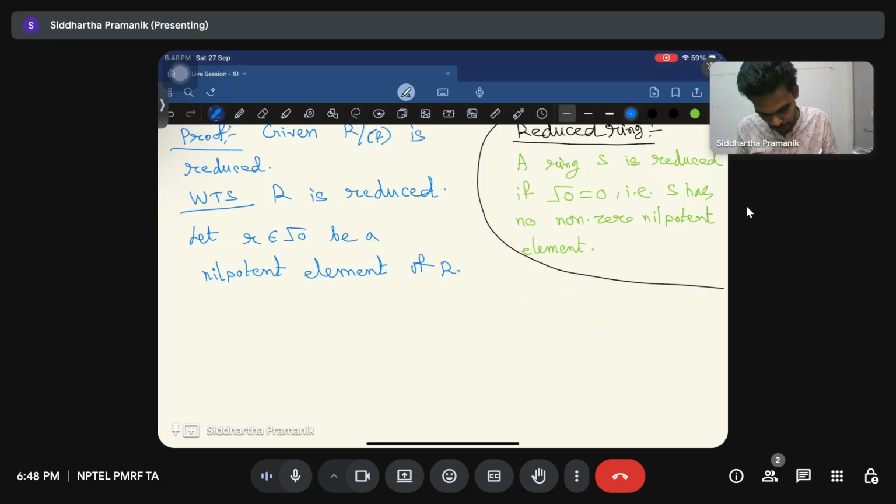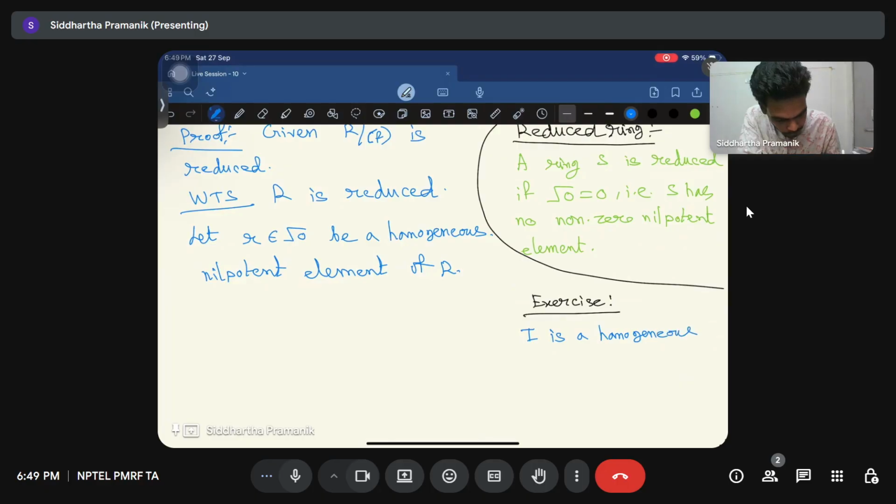This is because the radical of 0 is homogeneous, so let me put this as an exercise: if I is a homogeneous ideal, that will imply the radical of I is also a homogeneous ideal.